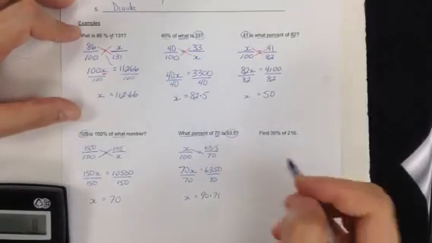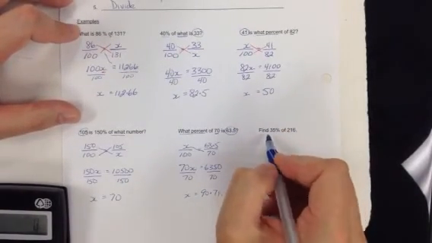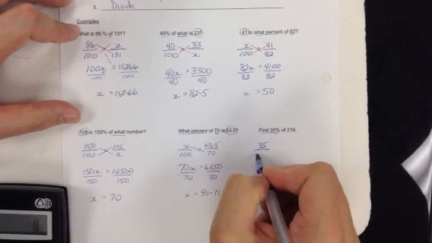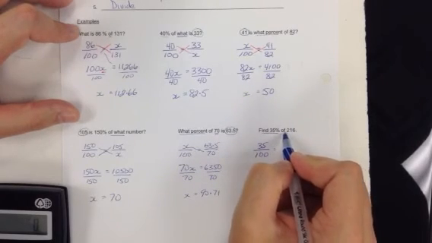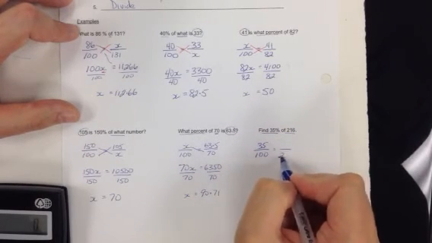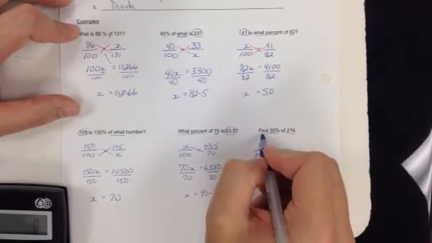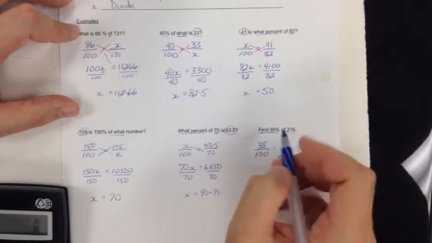As we move on to the last one here, again, 5 steps, percentage over 100. So we've got 35% over 100. Okay. Of number, I see of 216, so that's going to go on the bottom. Whatever's left over, well, it asks us to find that value.